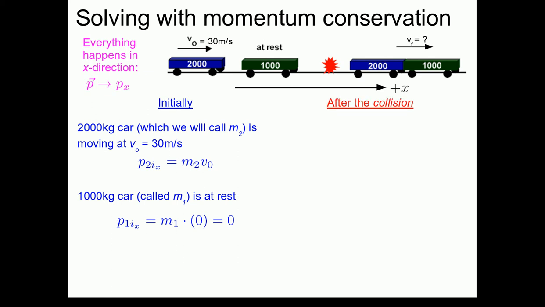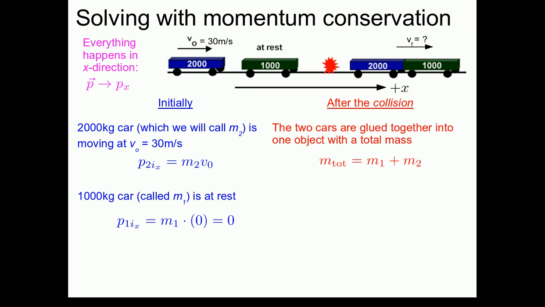After the interaction, which we call a collision because it happens very, very fast, that's all a collision is, a very fast interaction, what do we have? We have two cars glued together into one object with a total mass equal to the sum of the two masses. And this total mass is moving along at some final speed, vf, that we're looking to solve for.